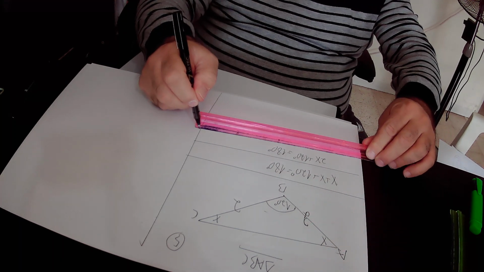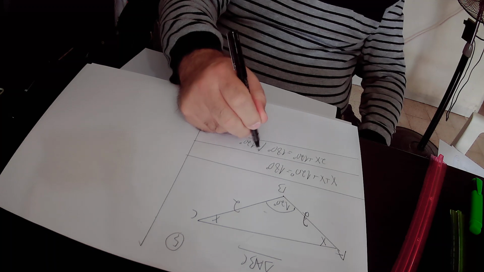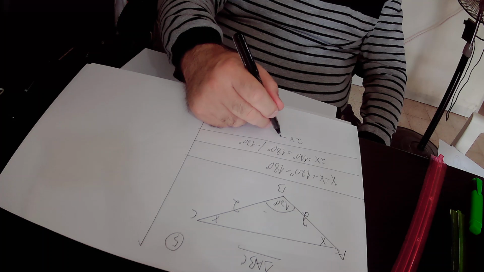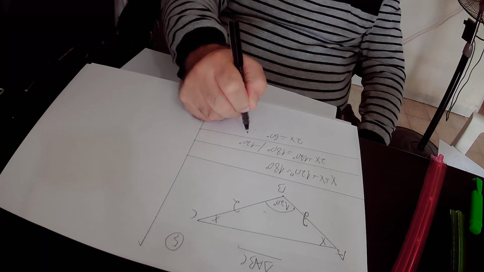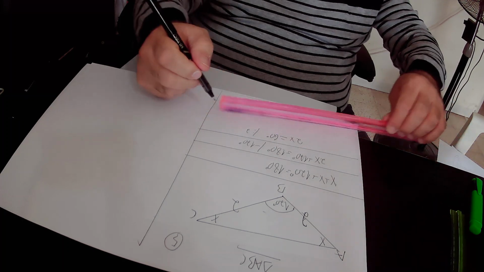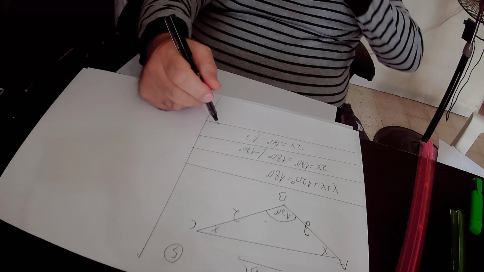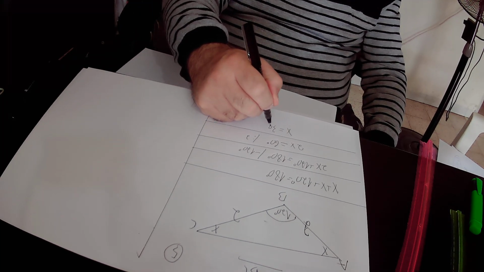If we subtract 120 degrees from this equation, we get that 2x equals to 180 degrees minus 120 degrees, it is 60 degrees. If we divide this equation by 2, x will be equal to 60 degrees over 2 is 30 degrees.